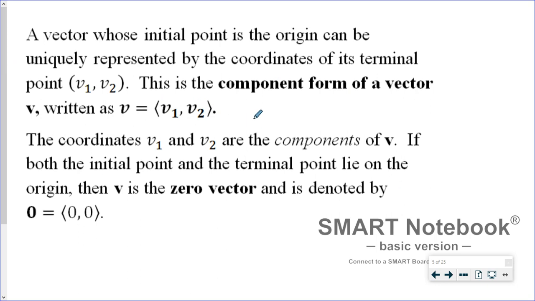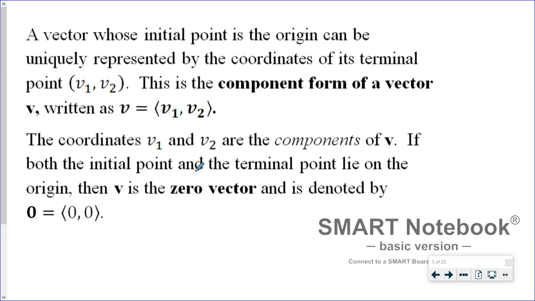Like I said earlier, any vector that has the same magnitude and same direction are equivalent, and it doesn't matter where you put it. So why don't we just always put the initial point at the origin, and that will make it a lot easier for us. So whenever it's in component form, that just means the initial point is at the origin, and this is just the coordinates of the endpoint.